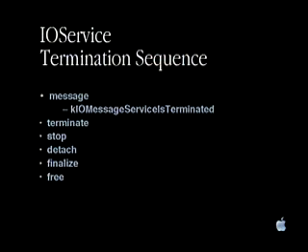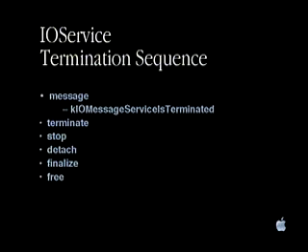When your device gets disconnected, we get the following termination sequence. You first get a message method with the kIOServiceIsTerminated message. This is your clue that your provider is going to go away. You need to cease and desist all I/O to your device. You need to stop everything and return from it.